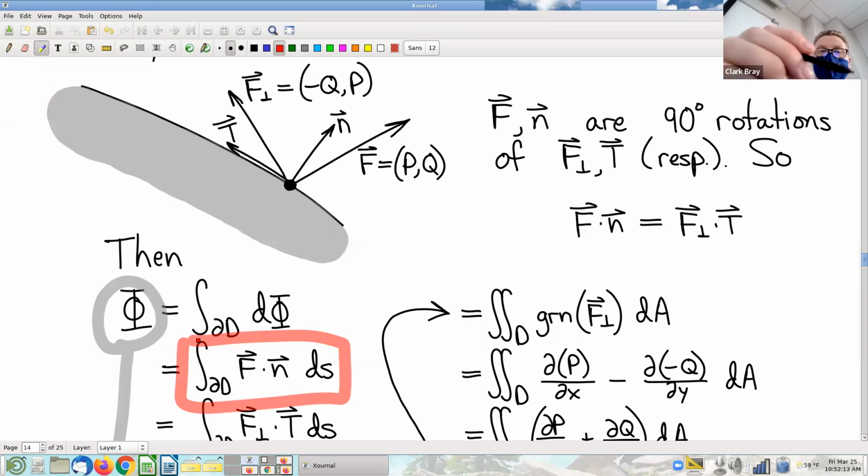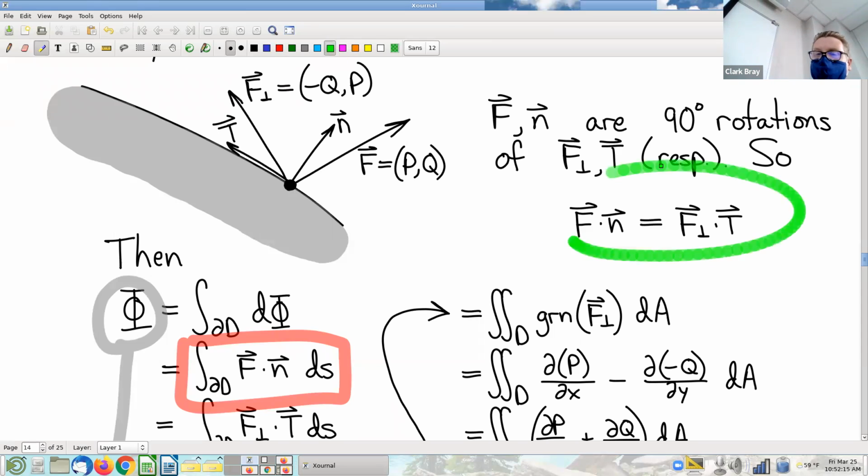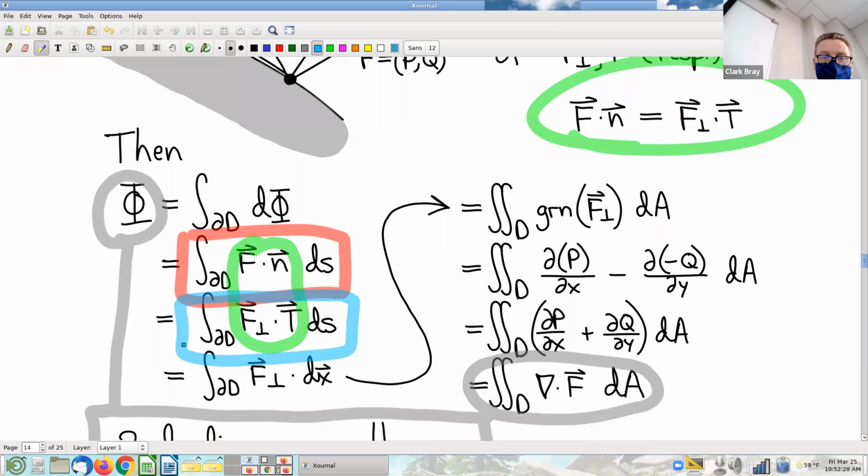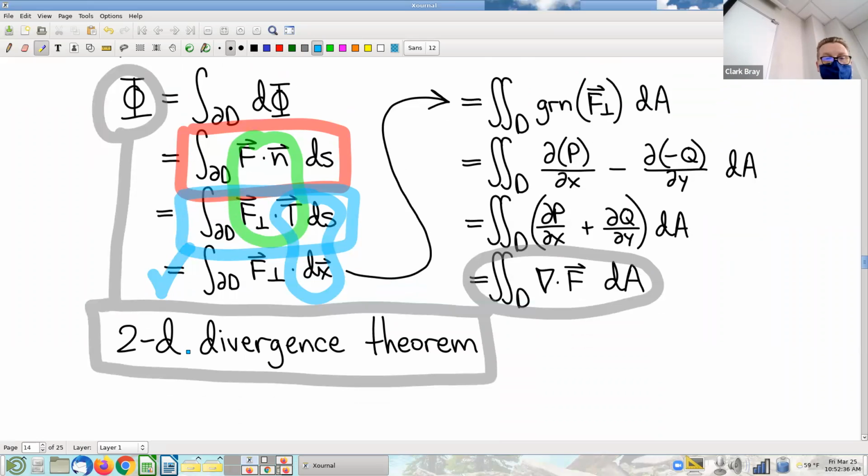But here's where this observation kicks in. The f dot n is this f perp dot t. Because that turns that red integral into this blue integral, and this blue integral we do know how to compute because t ds is dx, and so we've got ourselves our good old-fashioned regular vector line integral, the integral of a vector field dot dx.